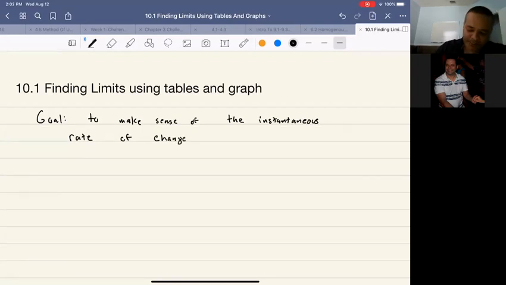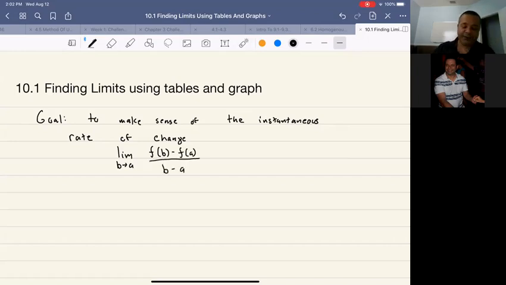We can write it as the limit as b approaches a of f of b minus f of a divided by b minus a.